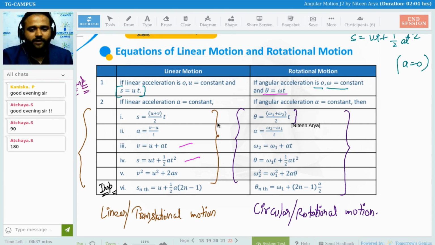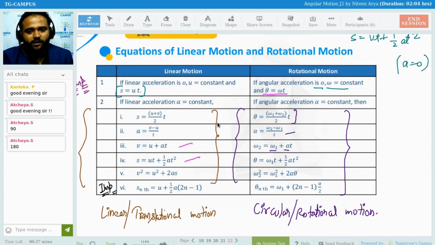omega 2 divided by 2 into time, alpha is omega 2 minus omega 1 divided by time. Omega 2 means final angular velocity after a certain time, which is initial angular velocity plus alpha into t, where alpha is the angular acceleration.